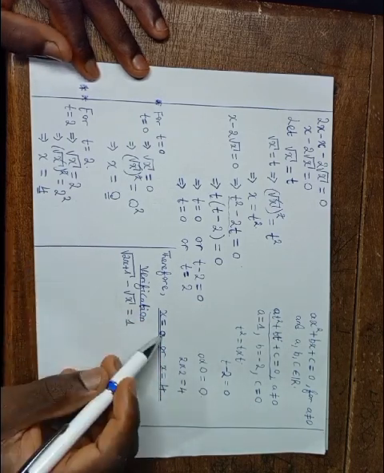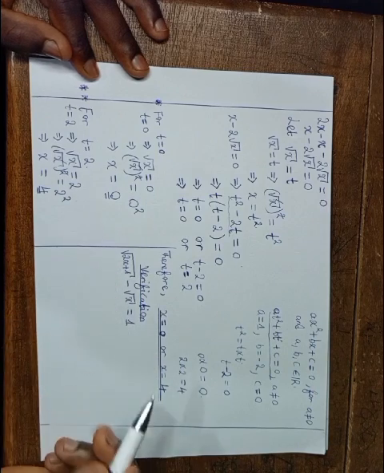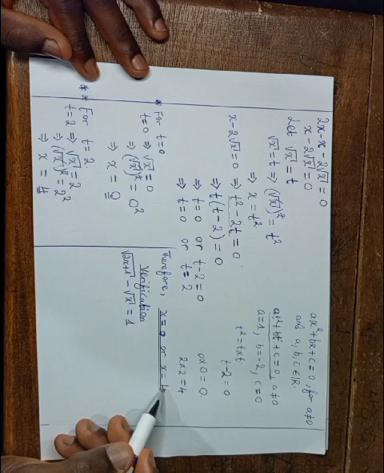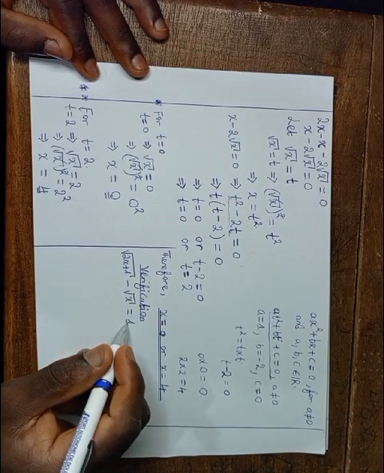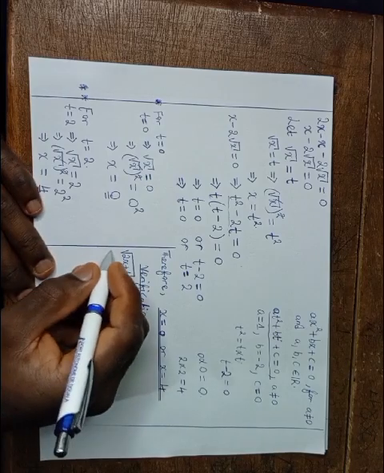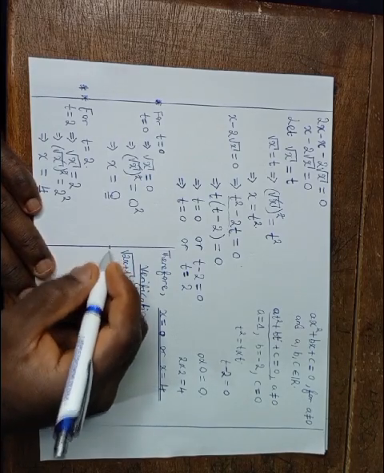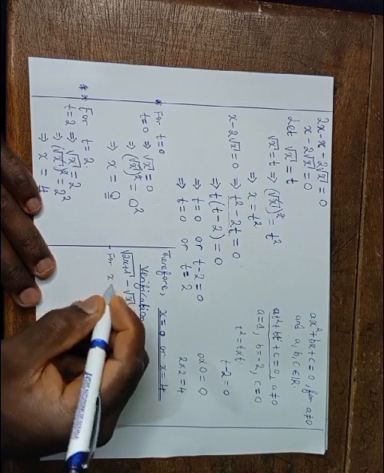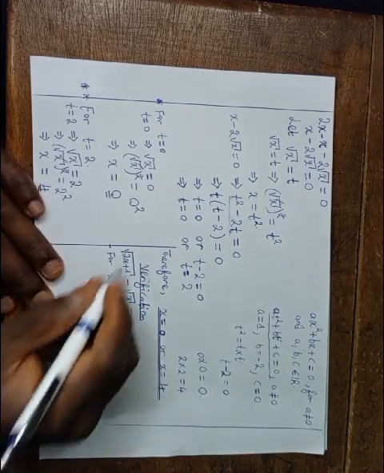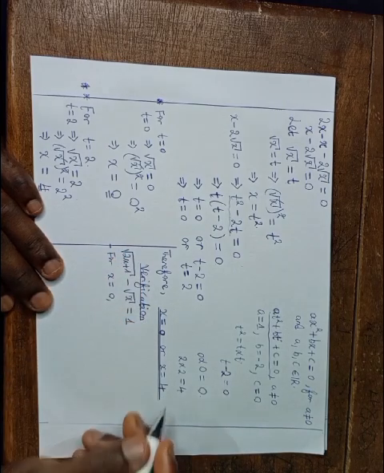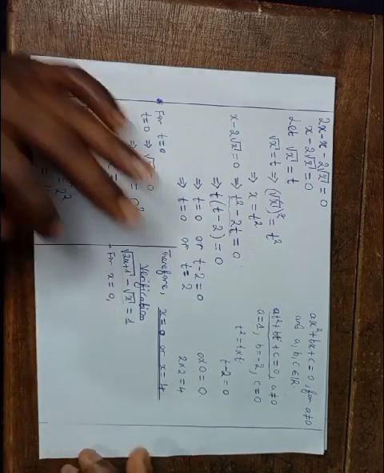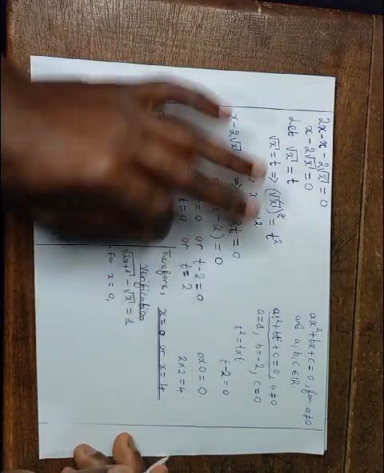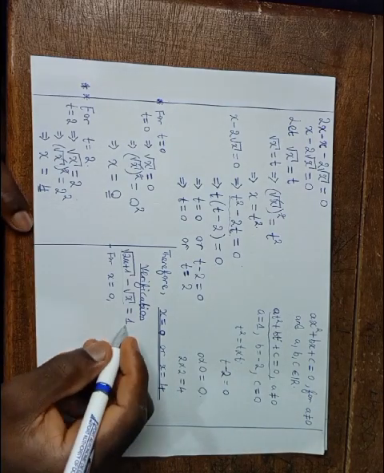It simply means if you replace x with 0 here, or if you replace x with 4, after carrying out the necessary simplifications, you must obtain an answer of 1. So let's take the first one, for x equal to 0. Anywhere we see x in this equation, we are going to replace x with 0. If we replace x with 0 at the left hand side, after simplifying, we should obtain 1.